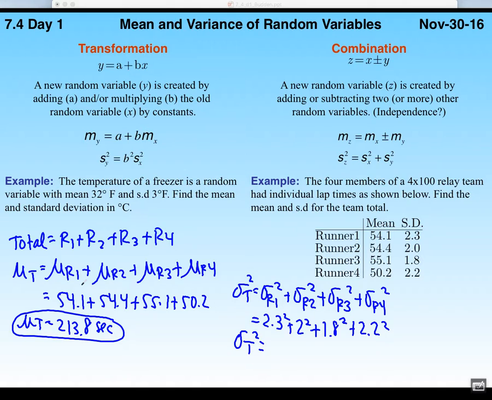So the variance of the team ends up being 17.37. So then the standard deviation of the team time is 4.17 seconds.